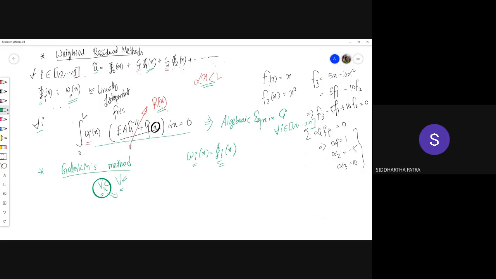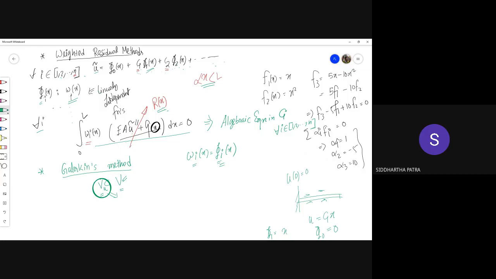For example, with a uniformly distributed load on a bar, if you try to get a solution such as U equals C1x, so this x is your phi 1. And what is phi 0? Phi 0 is 0, to satisfy the essential boundary condition that u is 0 at x equals 0.